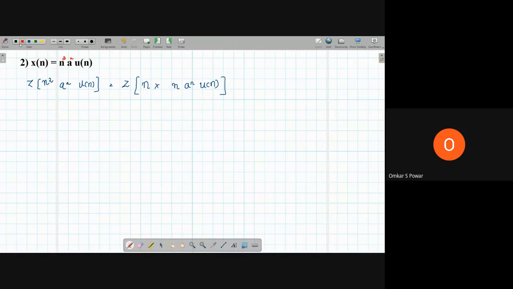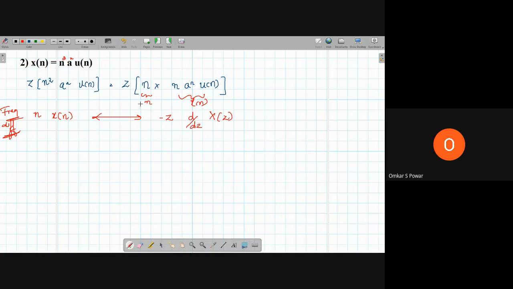So that I can use the property z transform of n into x of n, the frequency differentiation property. What does frequency differentiation property say? You have to write in the exam which property you use. z transform of n x of n is nothing but minus z d by dz of x of z.